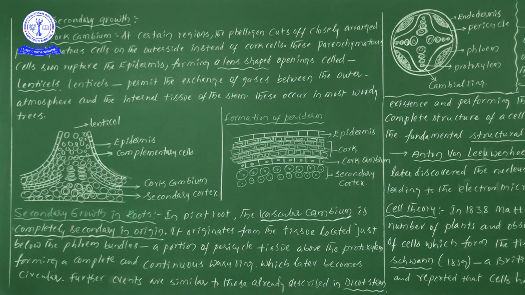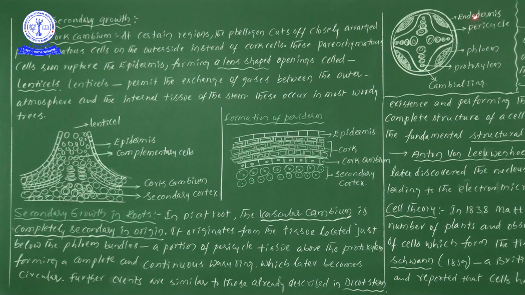Do you remember? Now we have learned two points, my dear students. The main important function of the pericycle is the formation of lateral roots. Pericycle is involved in the development of lateral roots, and in secondary growth it is involved in the development of the cambial ring. So there are two important functions, don't forget. In NEET examinations, two or three years ago, they asked this particular question: pericycle is involved in two major functions.